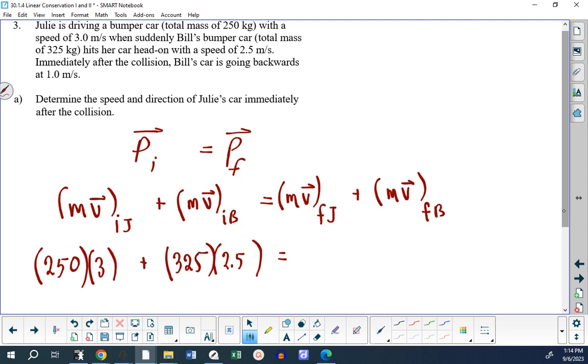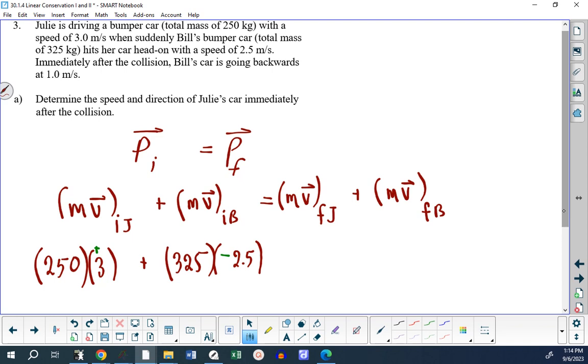If I said Julie had an initial velocity of 3 meters per second, then I've really said, you know what, Julie's velocity is positive. I've just decided that she's moving to the right. But if they hit head on, that means initially Bill is moving in the opposite direction to Julie. So I need to put here not 2.5, but negative 2.5. And you wouldn't think that's going to matter, but it will.